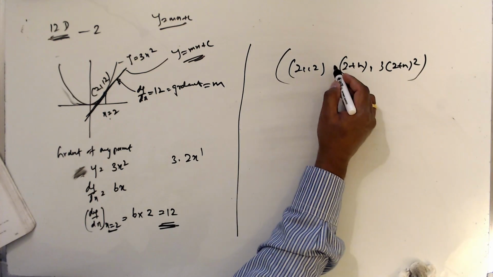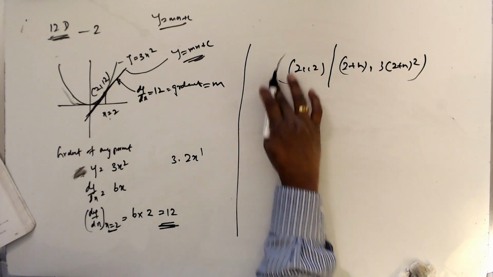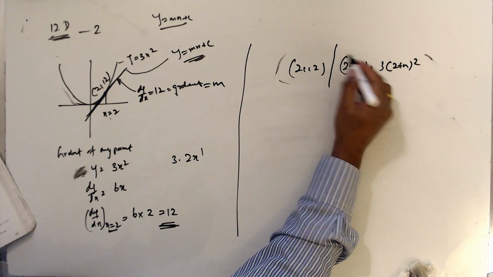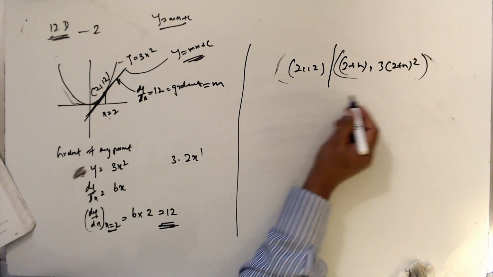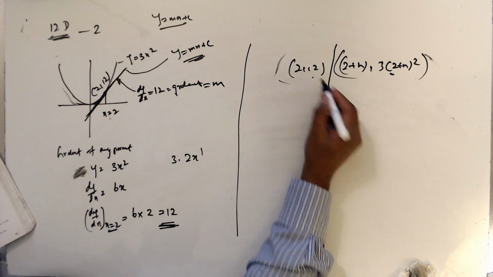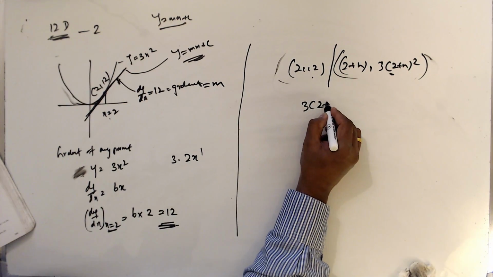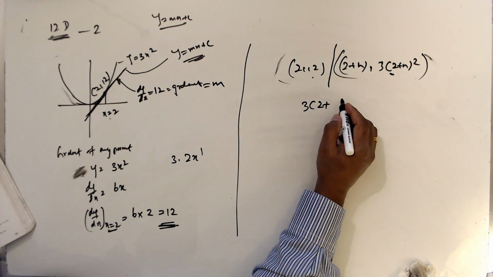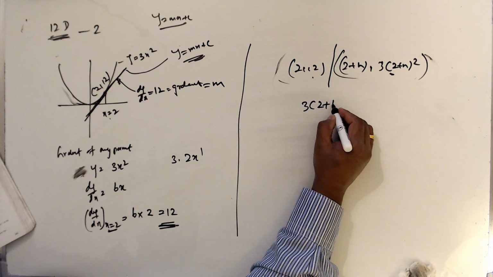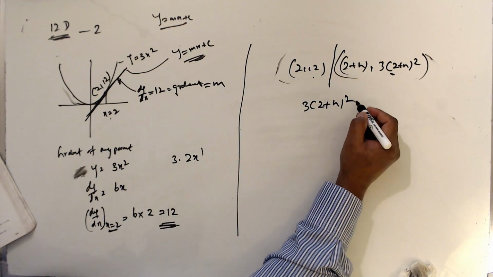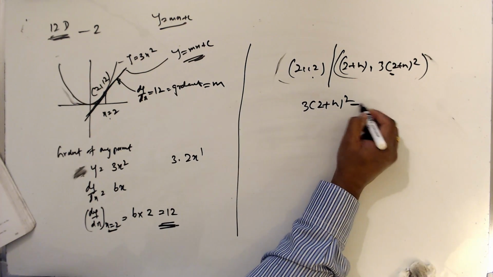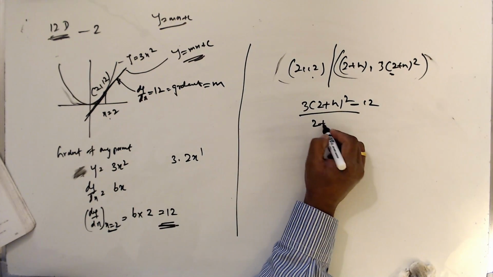This is one coordinate, this is the other coordinate. So y1 minus y2: I substitute 3 times (2 plus h) squared minus 12, over (2 plus h) minus 2.